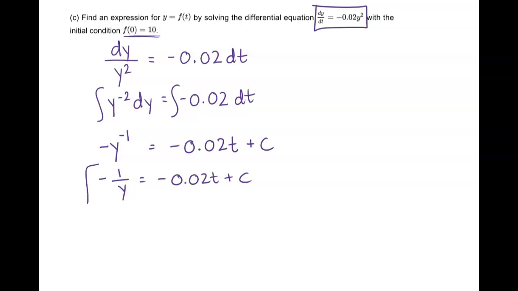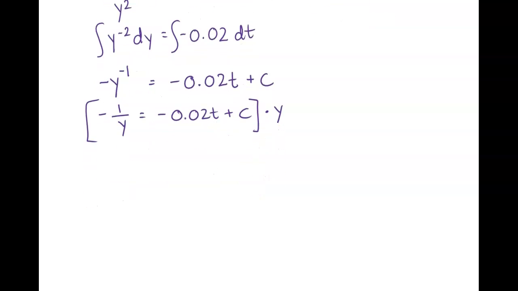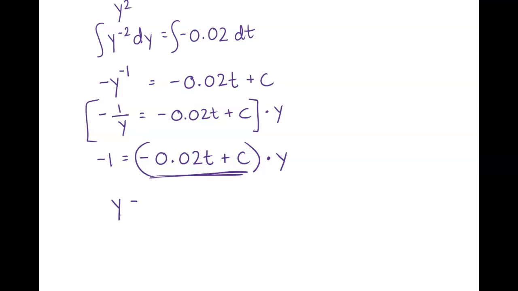First I'm going to multiply both sides by y. So I have negative 1 is equal to (negative 0.02t plus c) times y. We're really just switching it, so this other part of the function is in the denominator of a fraction instead of the y. If we divide both sides by negative 0.02t plus c, we end up with y equals negative 1 over (negative 0.02t plus c).